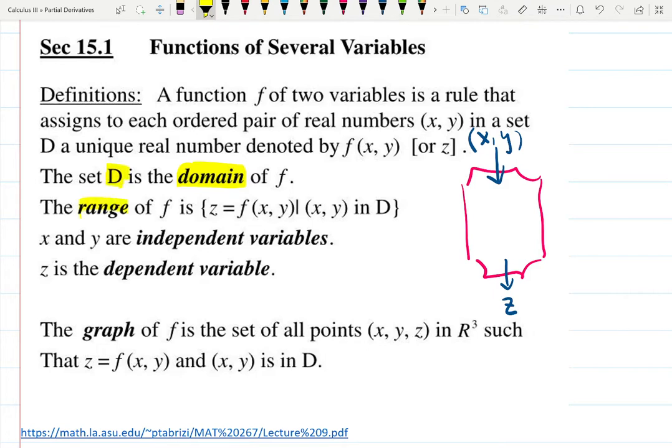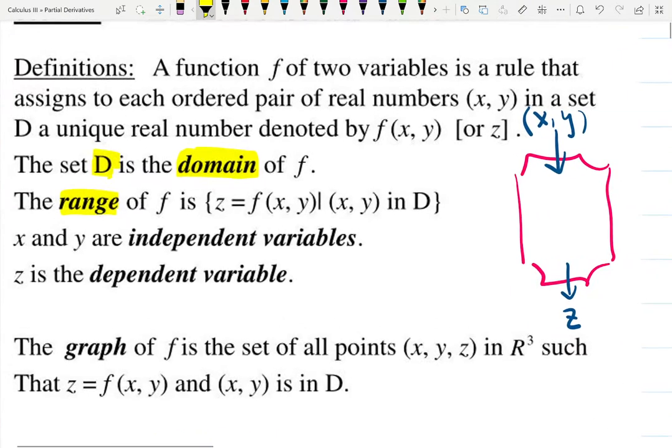And the range, did you see this notation before? Braces. Braces means a set. Z equals f of x comma y. Bar means where or when. Where x comma y is in D, where D is the domain.